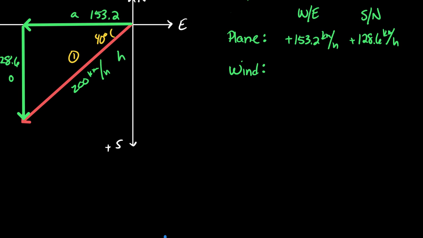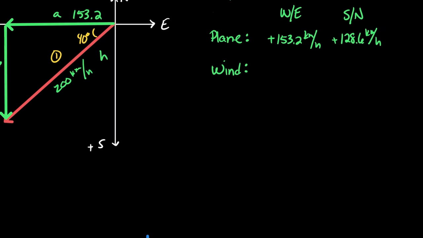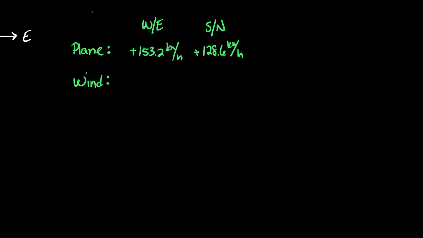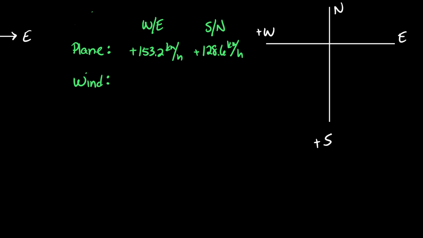I have finished one of the vectors. I'm going to do the next vector. I don't want to spend a lot of time on this one. This one was intentionally easy because I wanted to be able to give you the gist of what you have to do. So again, coordinate system, south positive, west positive, north and east, and our vectors, the water, right?